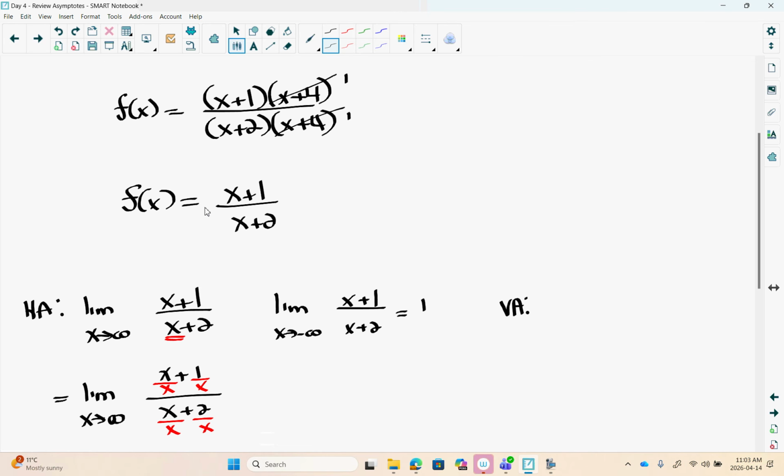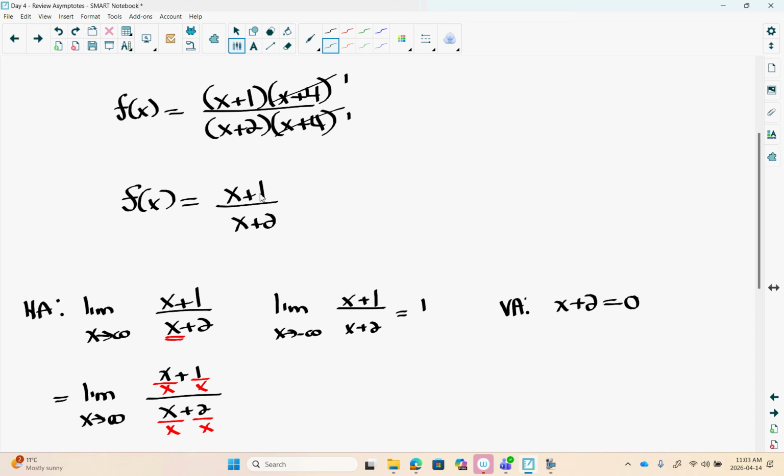Now, I want to use the factored form. So my rational function says x plus 1 over x plus 2. What is the denominator in that rational function? X plus 2. So I take the denominator, x plus 2, and I set it equal to 0. Does anyone remember what the zeros of the numerator give me?